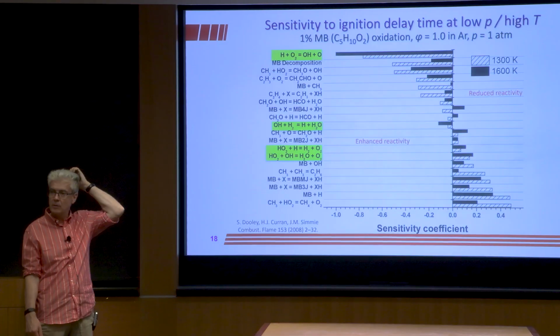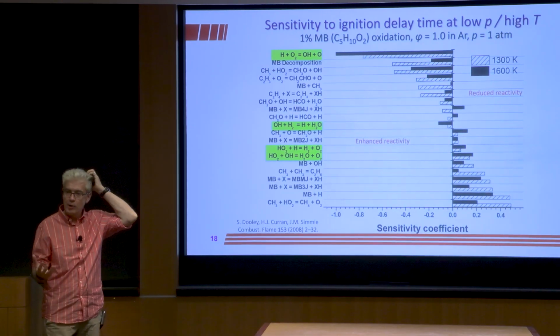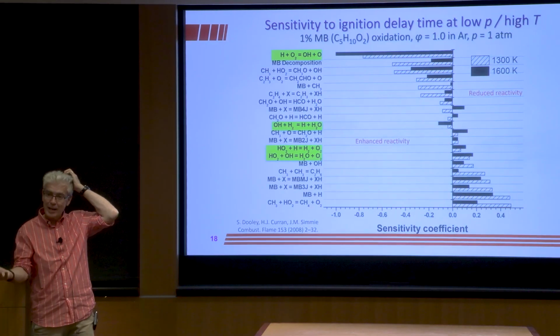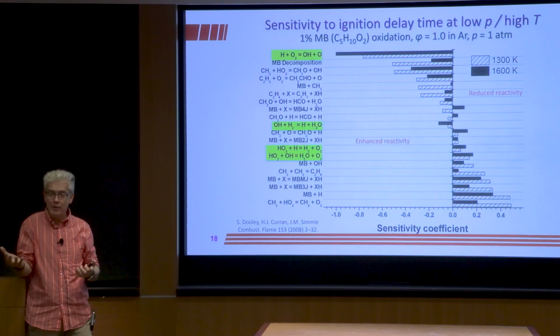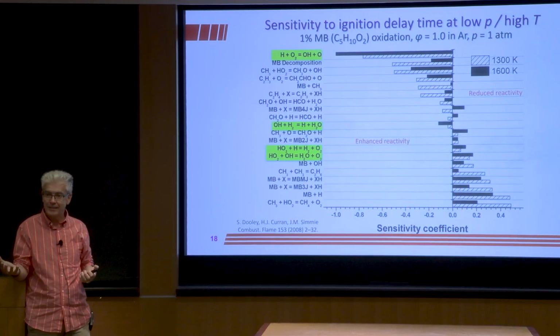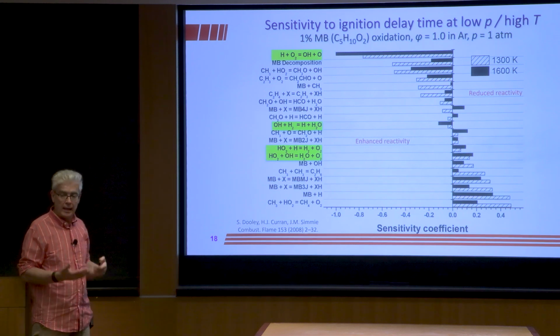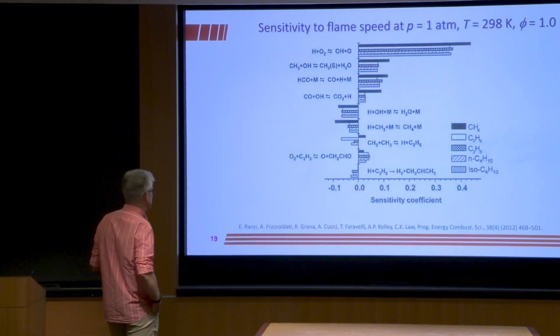Exactly right. And you'll always see that. It's sort of counterintuitive, because you're abstracting a hydrogen atom from the fuel and generating radicals, and you would expect that to always give an enhancing effect. But because of the importance of this reaction, it always inhibits. So that's just something to remember.